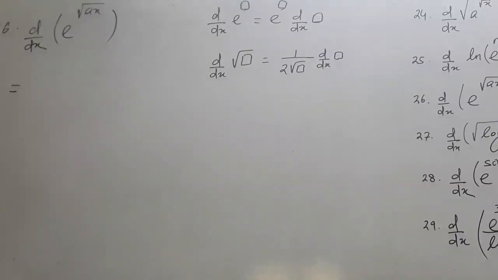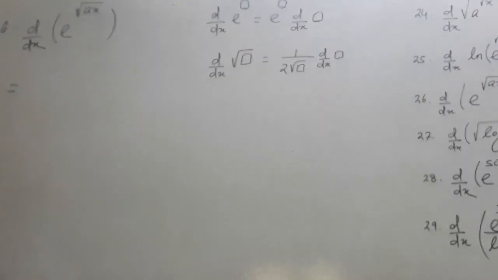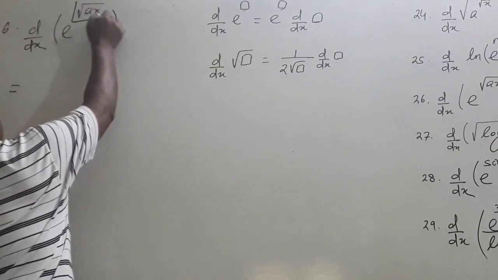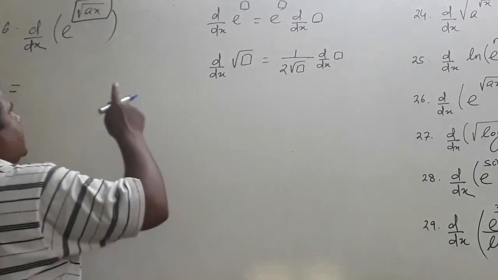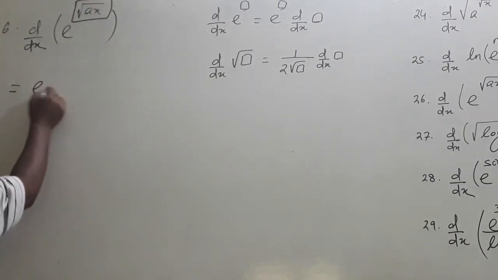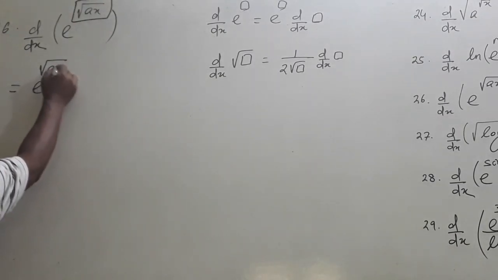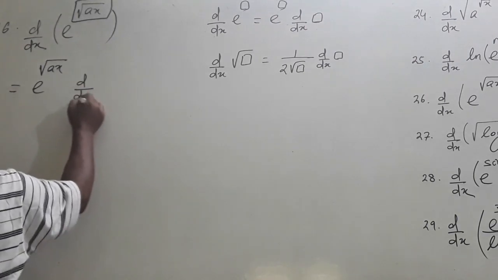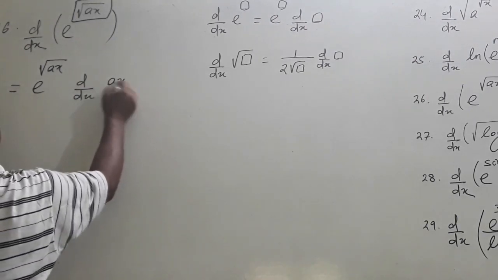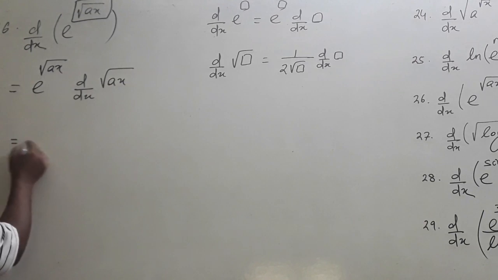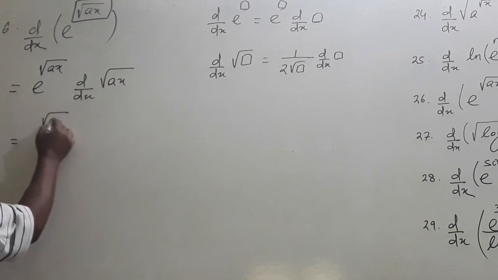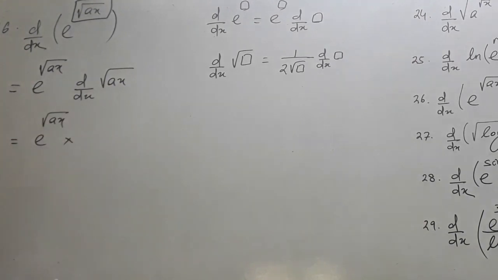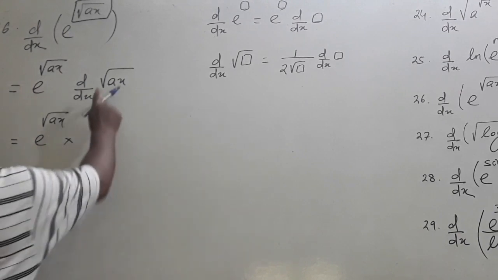Okay. Now look at this problem 26. d/dx of e to the power a to the power root x. This is e to the power box. First formula apply: e to the power box into d/dx of root x. It is e to the power root x into d/dx of root box.